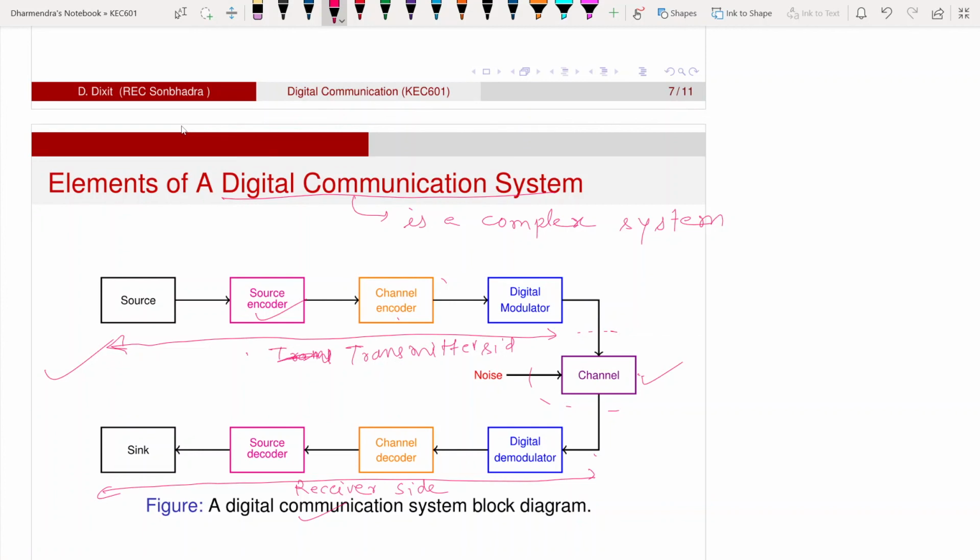Similarly, the source decoder does just the reverse process of the source encoder. In other words, the channel encoder and decoder are a pair of inverse systems, the source encoder and decoder are also, ideally, a pair of inverse systems, and similarly the digital modulator and demodulator are also a pair of inverse systems.